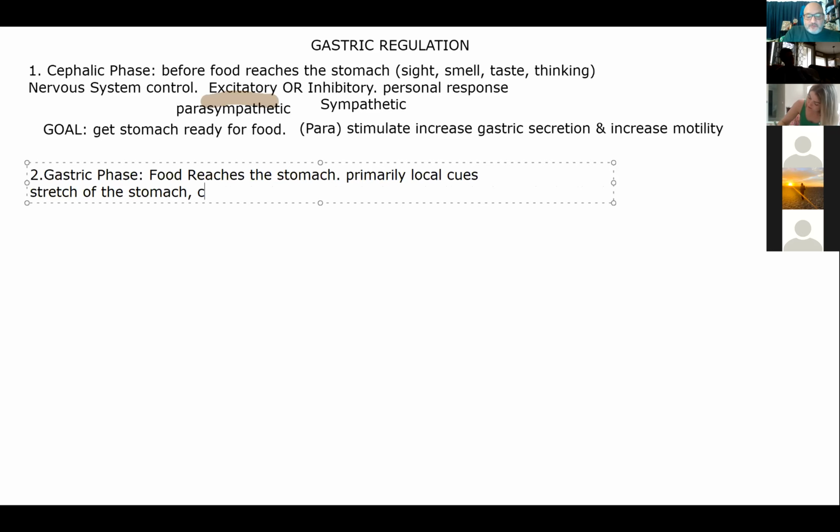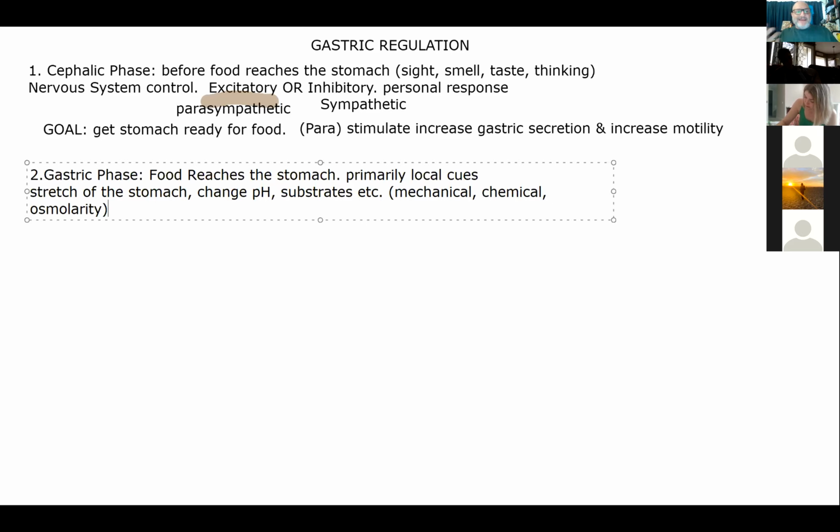We are getting a change in pH, because having to bribe your kid depresses you, so you're drinking your wine as a result of it, or the presence of certain substrates, fatty acids or particular amino acids or things along those lines can be present. All of these local cues, and that's really the key, are either mechanical, chemical, or related to the osmolarity of the food.